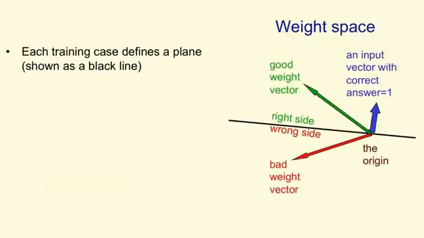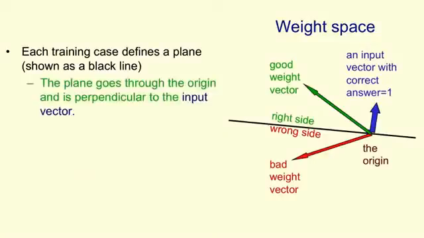So let's look at a picture of it so we can understand what's going on. Here's a picture of weight space. We're going to think of one training case for now. It defines a plane, which in this 2D picture is just the black line. The plane goes through the origin, and it's perpendicular to the input vector for that training case, which here is shown as a blue vector. We're going to consider a training case in which the correct answer is 1, and for that kind of training case, the weight vector needs to be on the correct side of the hyperplane in order to get the answer right.